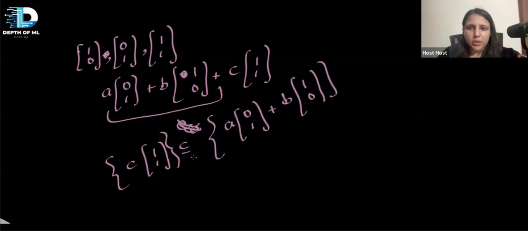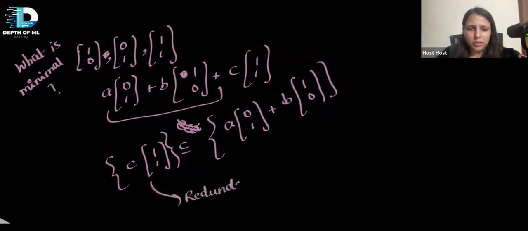Is it not the subset already? That's what I meant by minimal: you can just take the linear combination of these and this will already be covered, because this vector is actually the sum of these two vectors, right? So what is minimal in this? This will be redundant. If I do that, this is redundant, right?